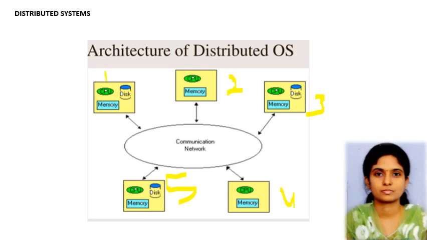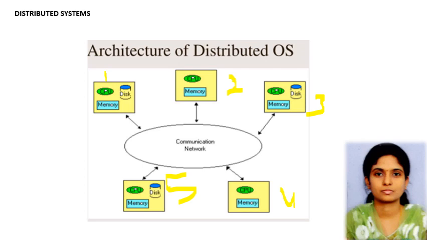We can say it is a multi-processor and multi-computer environment also. Client server systems function as a centralized server because they approve all the requests issued by the client systems.